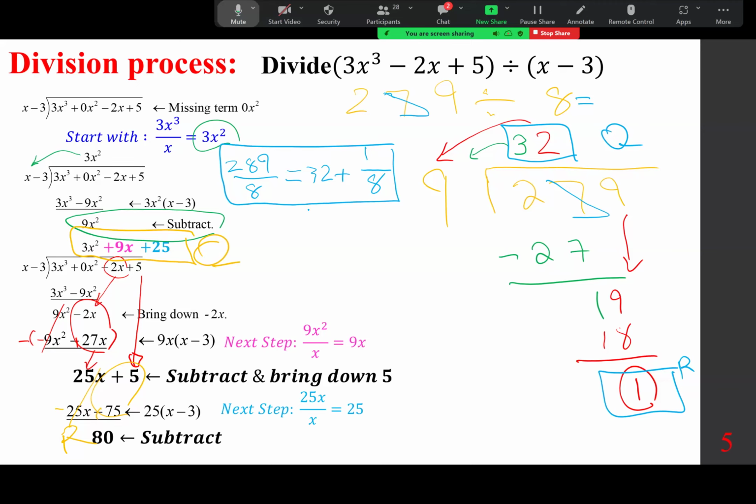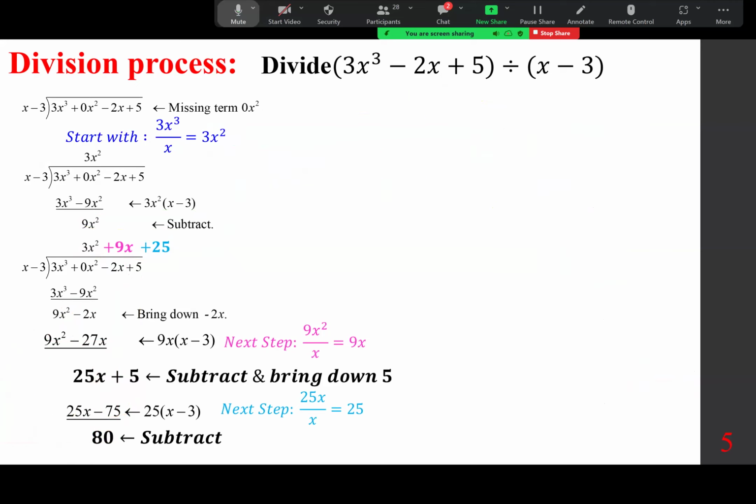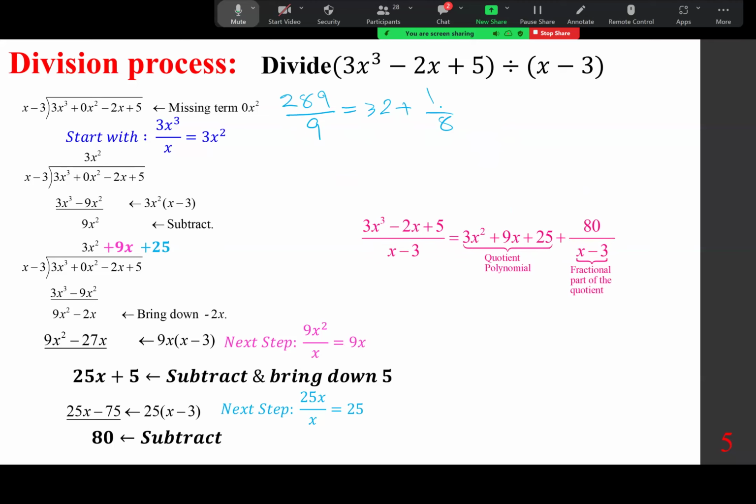I need this space. So I'm going to write what we had with the numbers: 289 we divided by 9, and we had 32 plus 1 over 8. So I hope you can see that we are doing exactly the same thing, but with two polynomials.